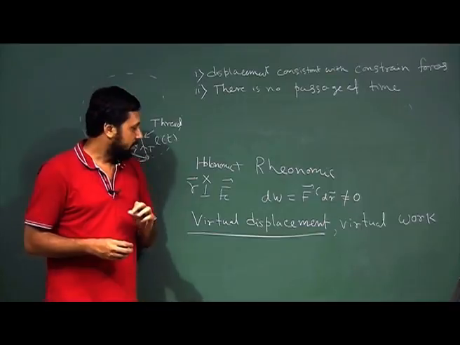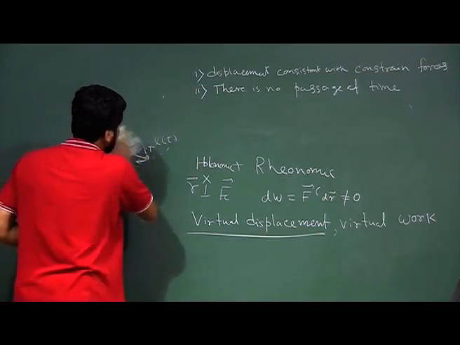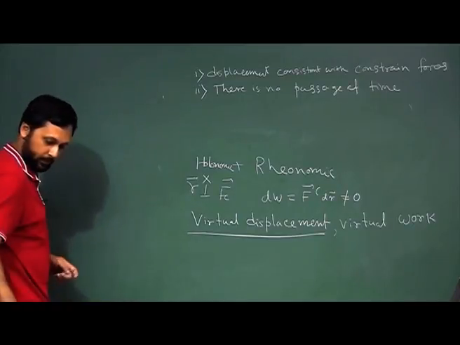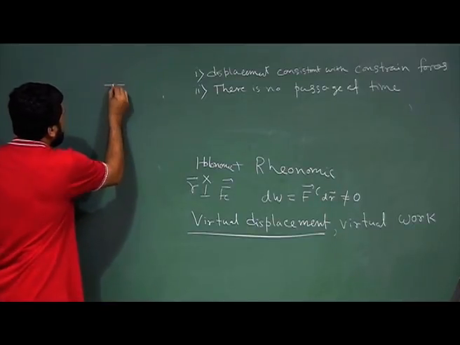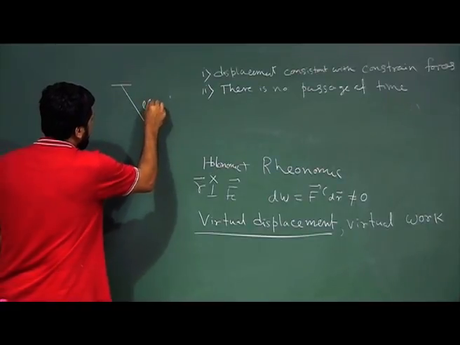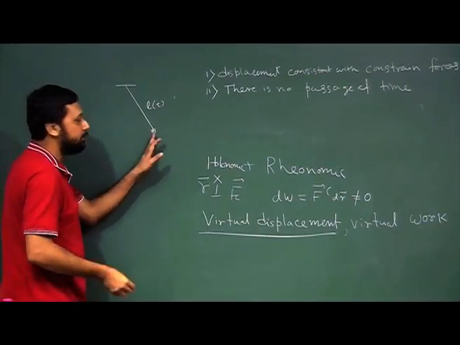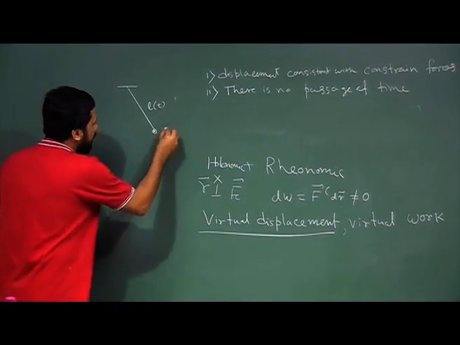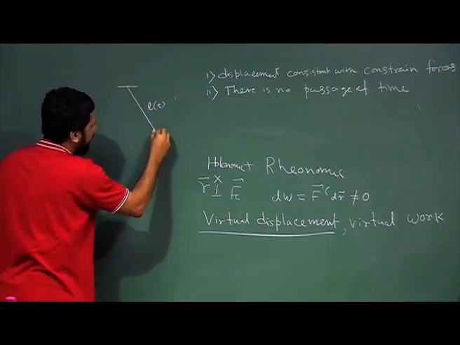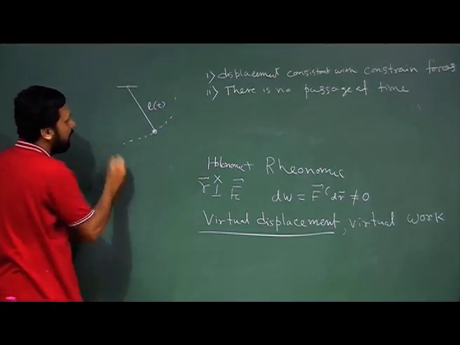What I mean is, let us go back to the pendulum. Let us assume this is the pendulum with length L, which is a function of time, at any instantaneous time point t. At this time, we assume a situation where time stops.